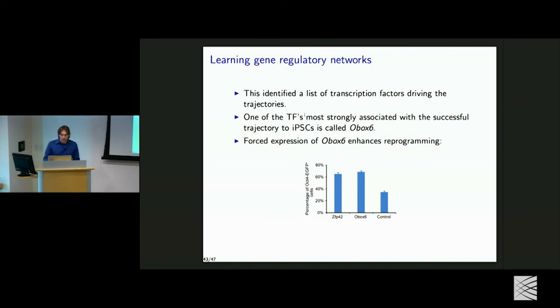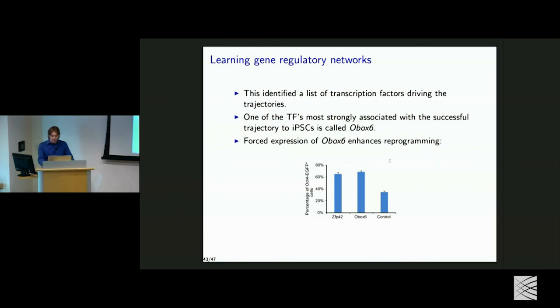If you look at the transcription factors that are driving cells along the successful trajectory, one of the strongest genes pushing you in that direction was called OBOC6, which wasn't very well studied before. But if you force the expression of OBOC6, it increases the probability of successfully reprogramming.